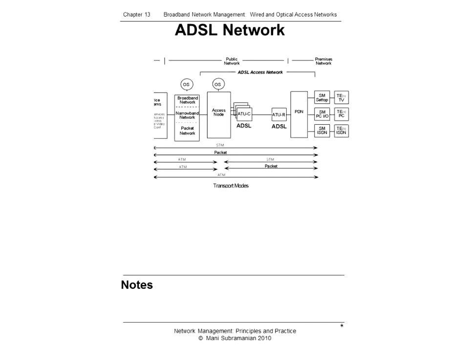The private network interfaces with the public network, which is the broadband, narrowband or packet network, and the access node is the concentration point for the broadband, narrowband and packet data. It is either located in the central office or in a remote location such as an ONU. The access node includes the ATU-C, such as in digital subscriber loop access multiplexers. Basically the access network at the access node extends up to the PDN in the customer premises.